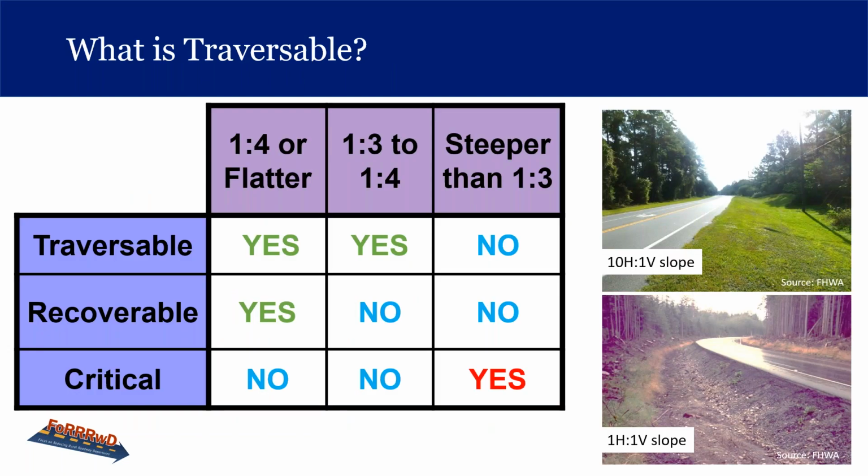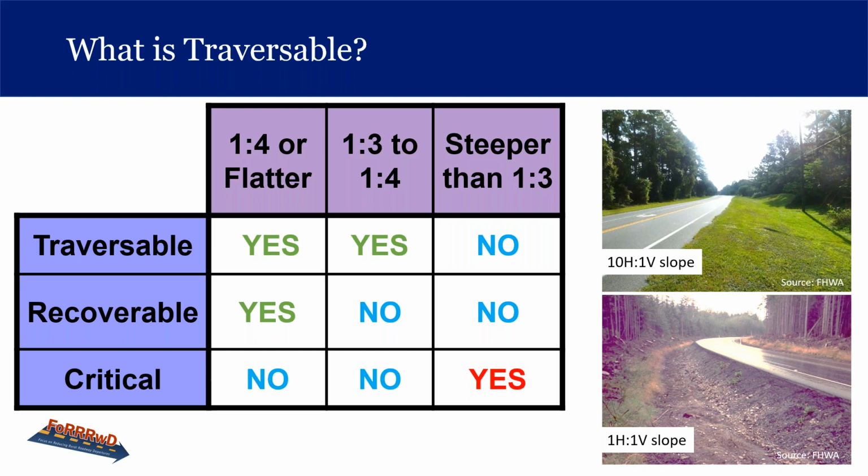But what is traversable? If we take a closer look at that table, we would see that if the slope is 1 to 4 or flatter, then yes, it is traversable. But if it's steeper than 1 to 3, we're saying no, that is not traversable.